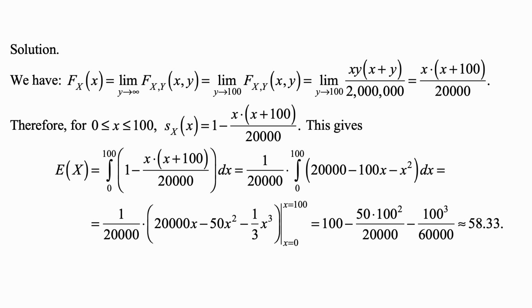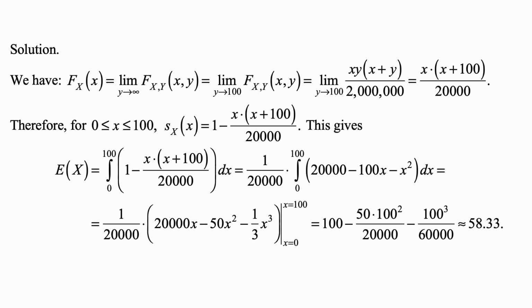And you get that limit by just plugging in 100 for y in the joint cumulative distribution function formula. And this becomes x times 100, but that 100 cancels with 2 million, and 2 million becomes 20,000 when it's divided by 100, times x plus 100.